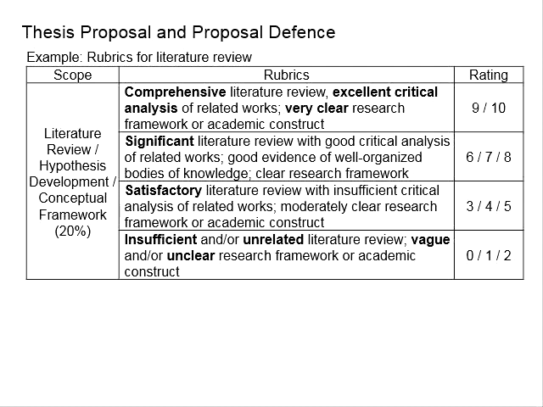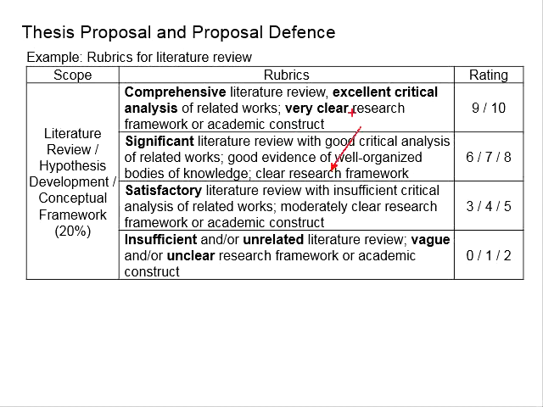That means you are able to acquire most of the relevant literature and you did good critical analysis of the related work. That means it is not just a summary. You did some analysis and those critical analyses are good. And then you also provide good evidence of a well-organized body of knowledge. That means it demonstrates that you have digested the knowledge, synthesized it, and presented it in your literature review chapter.